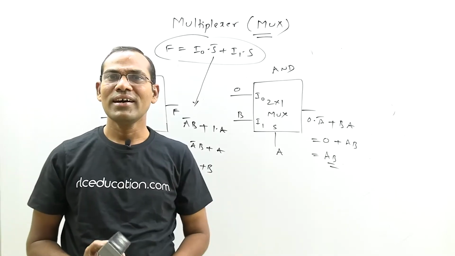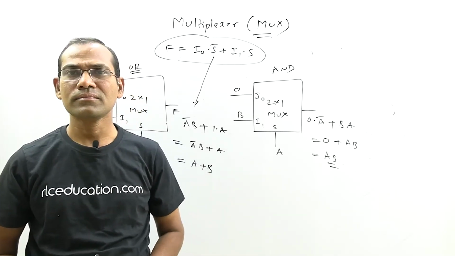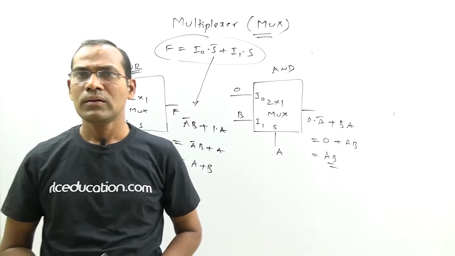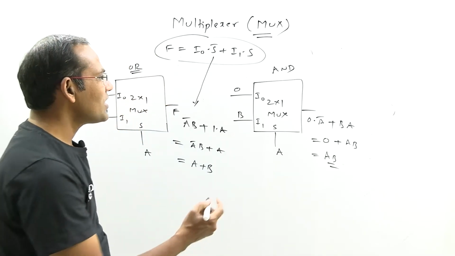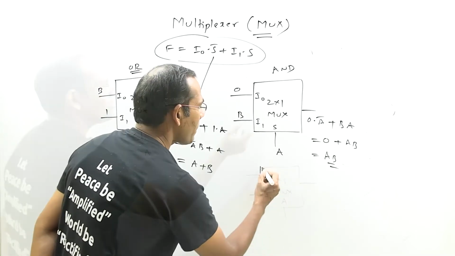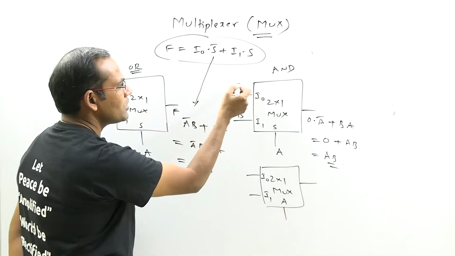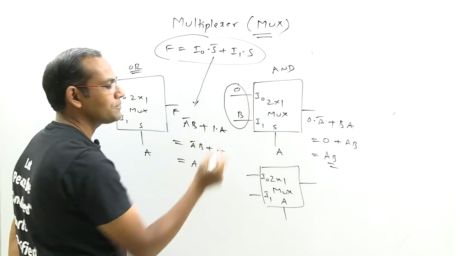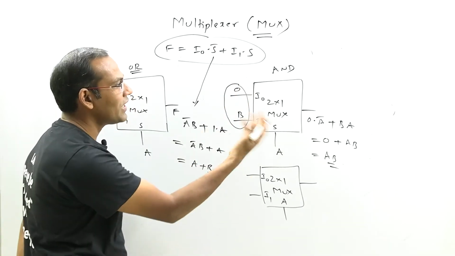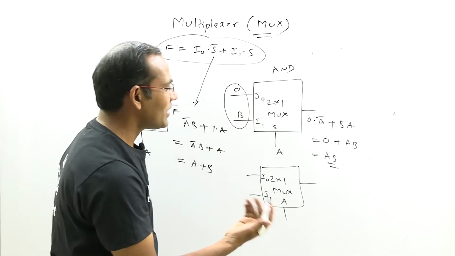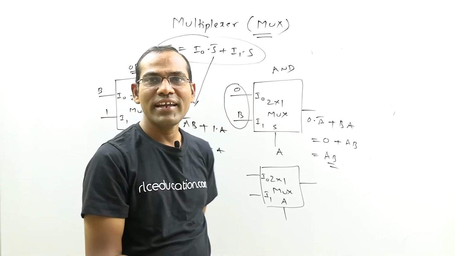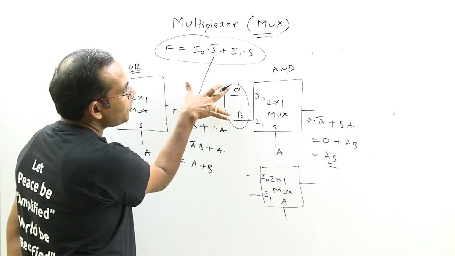Similarly, you can design NAND and NOR. One shortcut is there to design a NAND gate. So these are the AND inputs. If you want to get AND, the connections must be like this. If you want to get NAND, one simple technique is to apply complemented inputs.